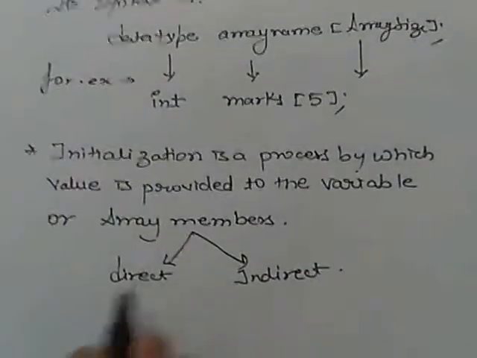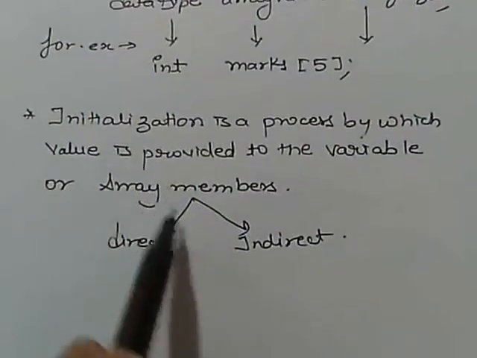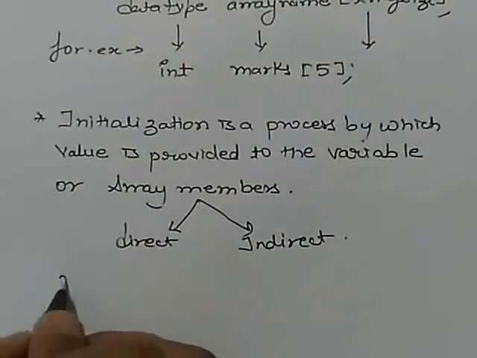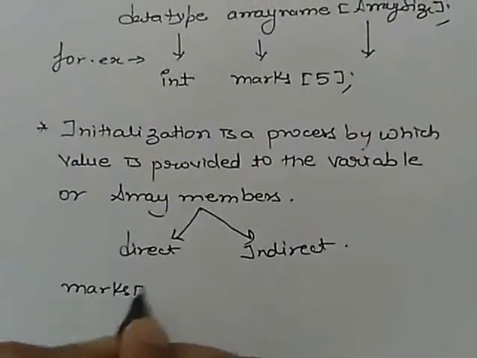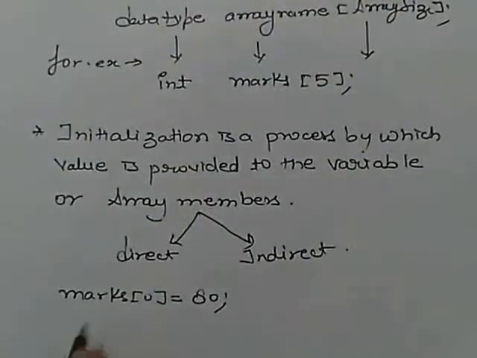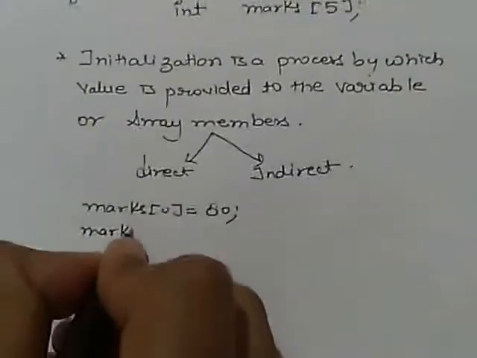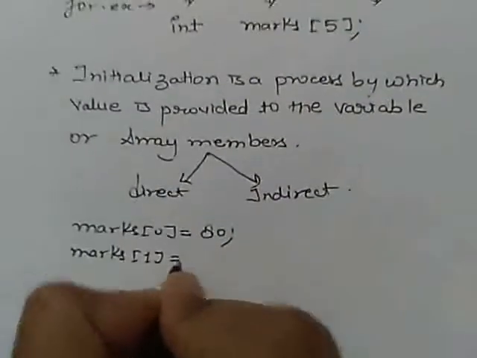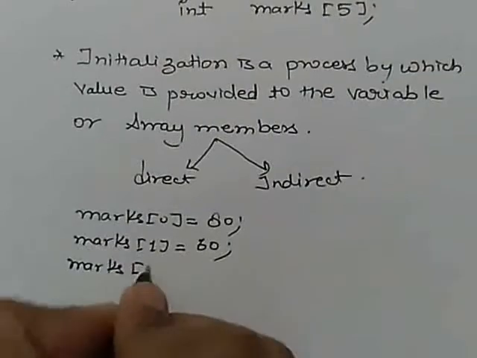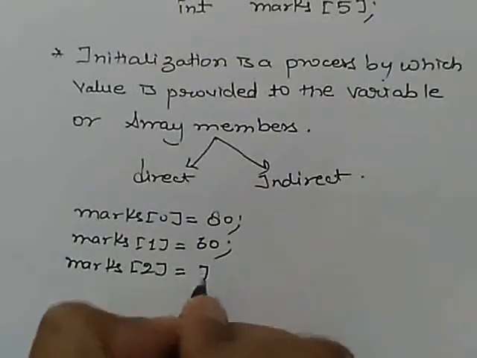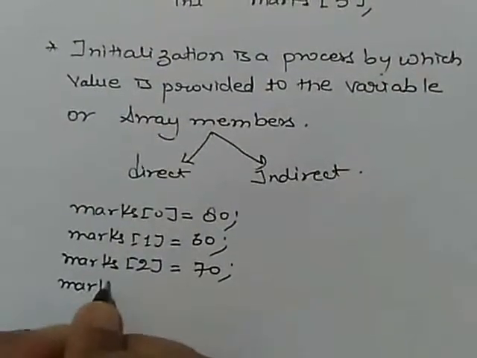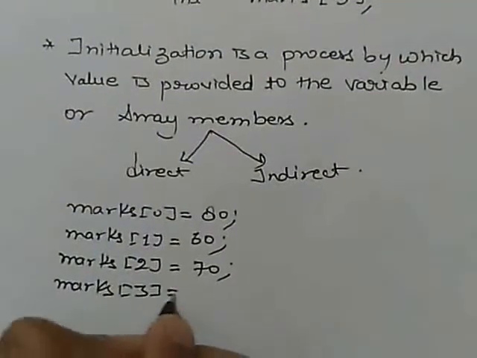So in direct initialization we have declared an array of marks of 5 students. So what we have to do, we are using the index number: marks[0] is equal to 80, that is the first location. Then marks[1] is equal to 60, that is the second location. Marks[2] is the third location, and same as the location number 4th and 5th.